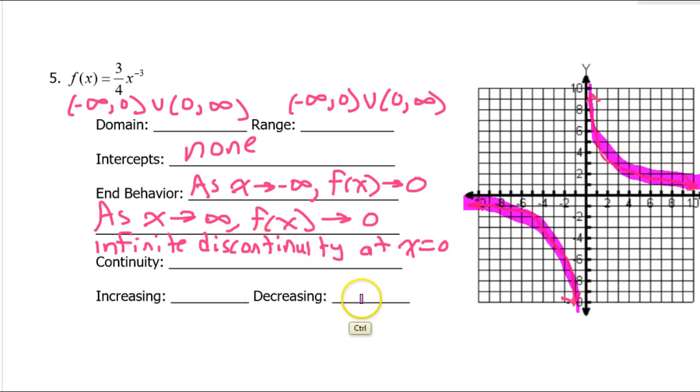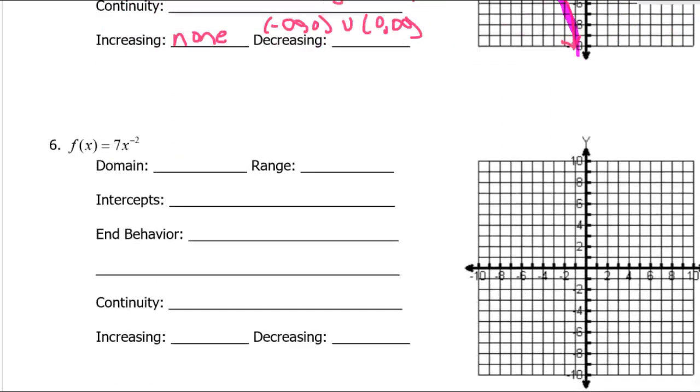So the entire domain is now decreasing. So when I talk about increasing, I'm just going to say none. There are no increasing intervals. And when I talk about decreasing, I'm going to say negative infinity to 0, union 0 to infinity. The whole domain is decreasing.